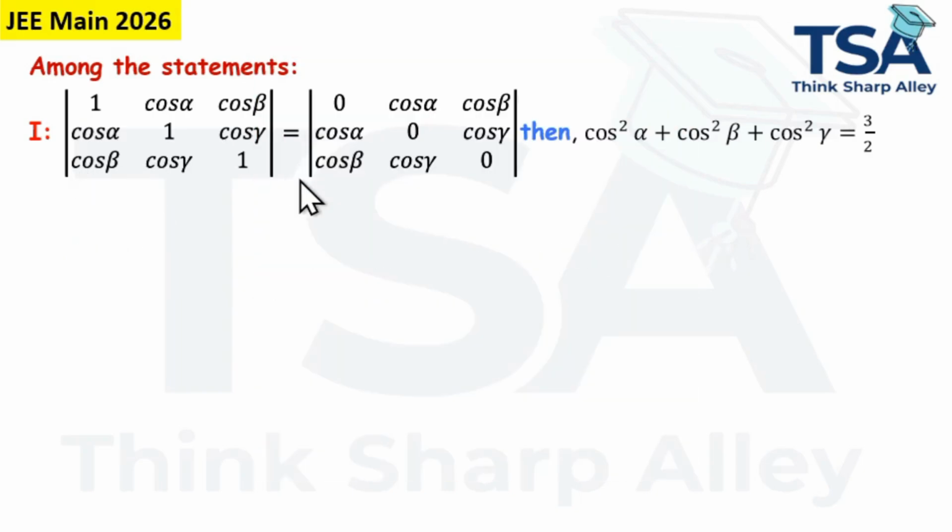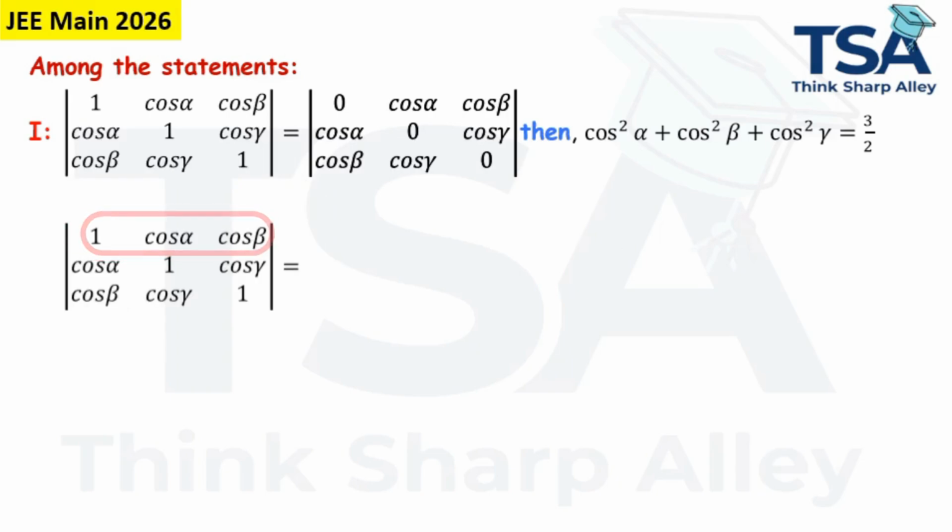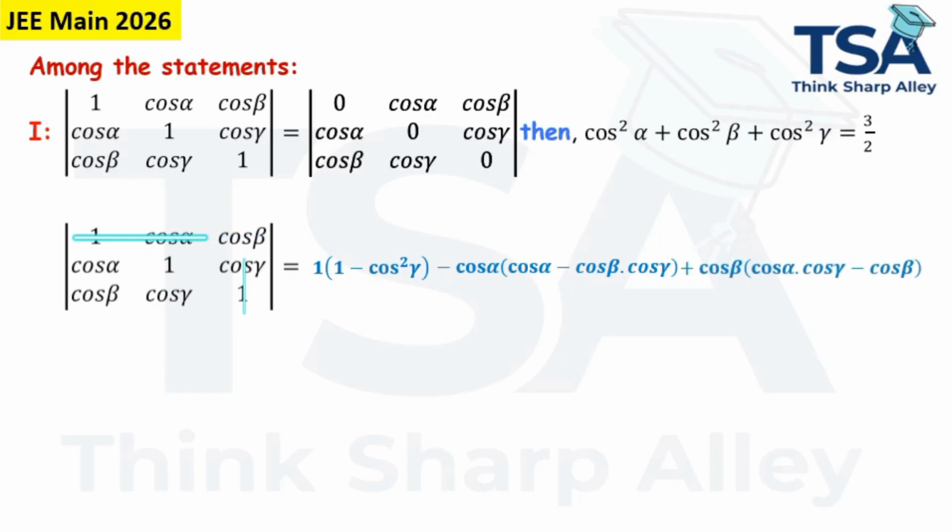If we expand the left hand side determinant using the first row, we first get 1 into 1 minus cos square gamma, minus cos alpha into cos alpha minus cos gamma cos beta, and plus cos beta into cos alpha cos gamma minus cos beta. Upon simplifying a bit, we get 1 minus cos square gamma.